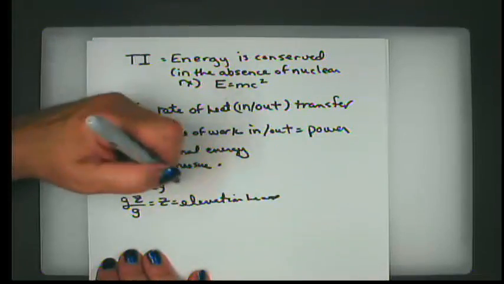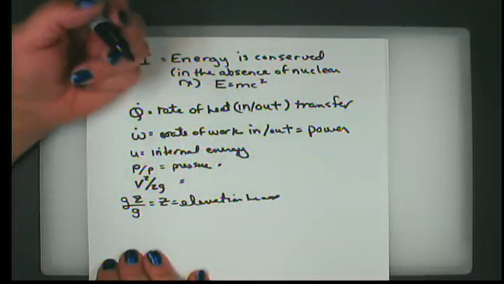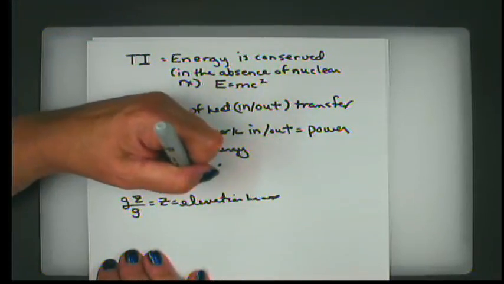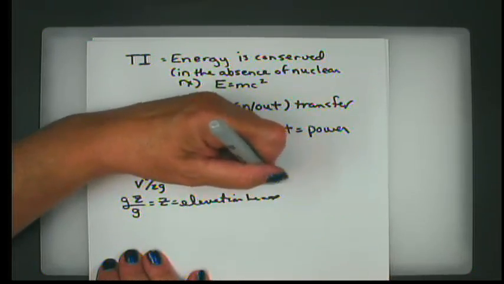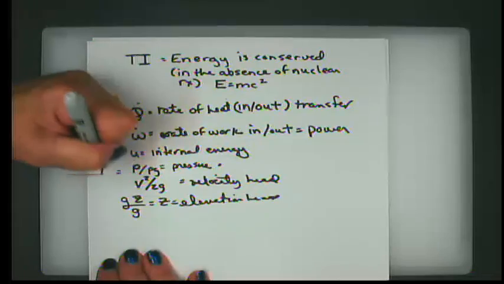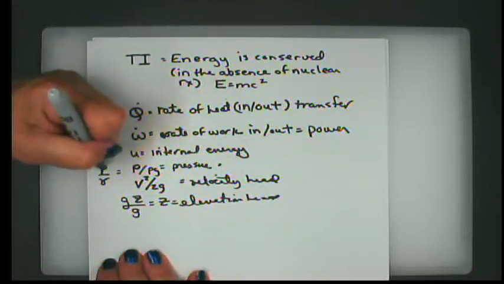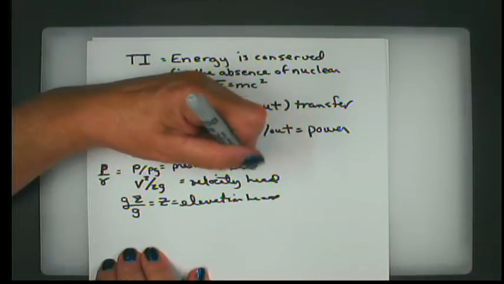If we divide that by g, we'll get something that will have dimensions of length. We can call that velocity head or kinetic energy head. And similarly, if we take P and divide it by rho g, that's the same as P divided by gamma, and that's called pressure head, right?